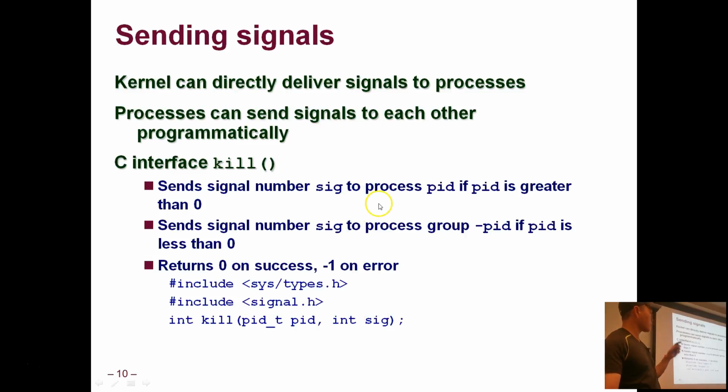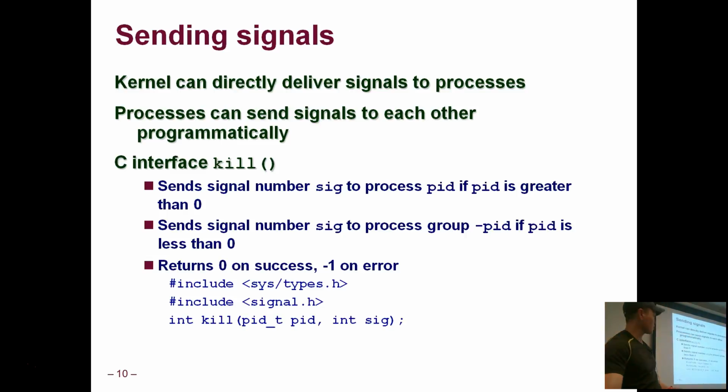We talked a little bit about process groups. Every process has a unique process ID, but processes can belong to a process group. For example, the shell and all of the different programs it spawns will typically belong to the same process group as the shell itself. When you kill the shell, you will kill all the other processes in its group.